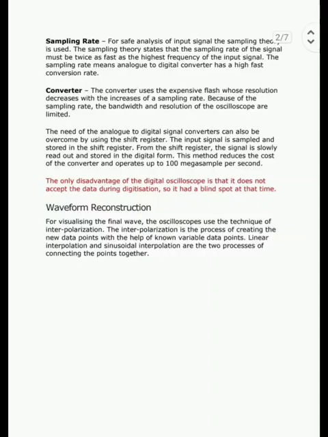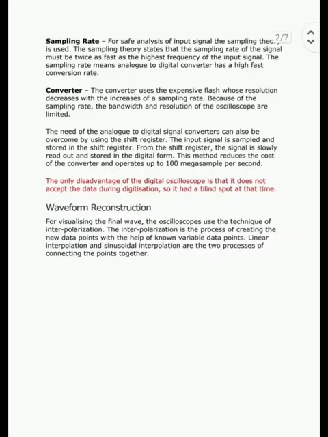This method reduces the cost of the converter and operates up to 100 megasamples per second. The only disadvantage of the digital oscilloscope is that it does not accept data during digitization, so it has a blind spot of time.